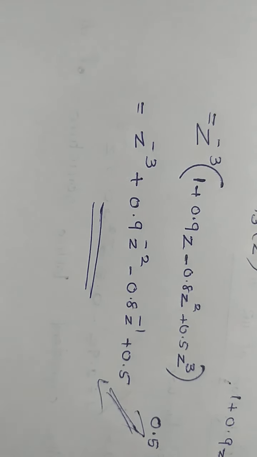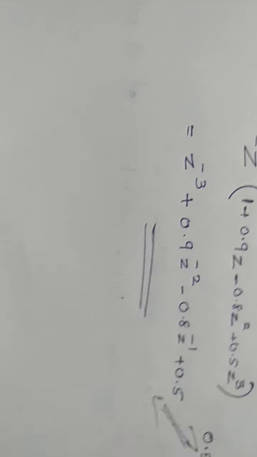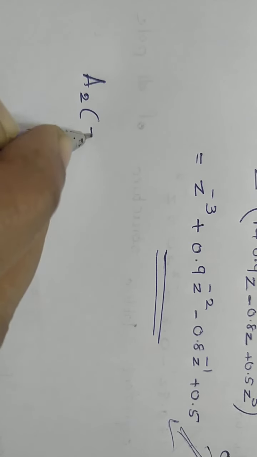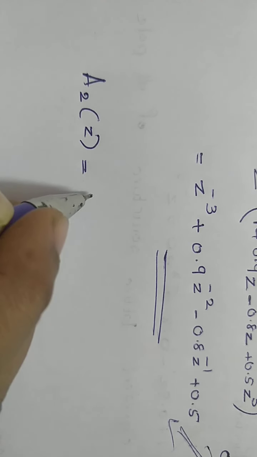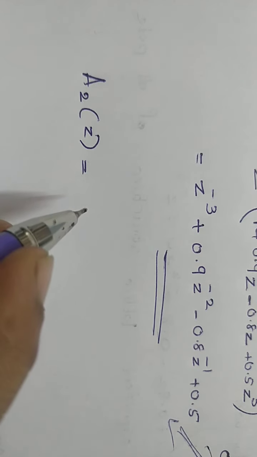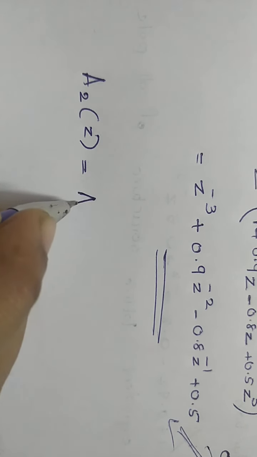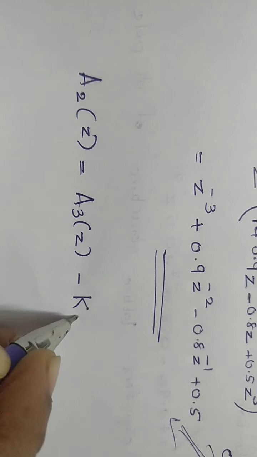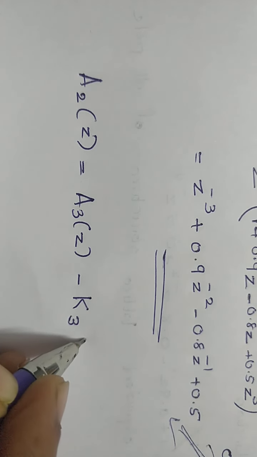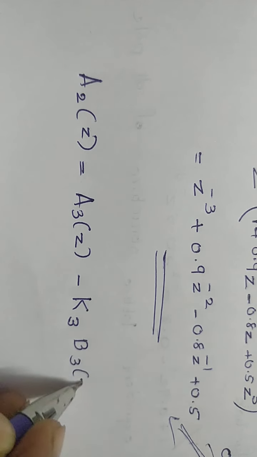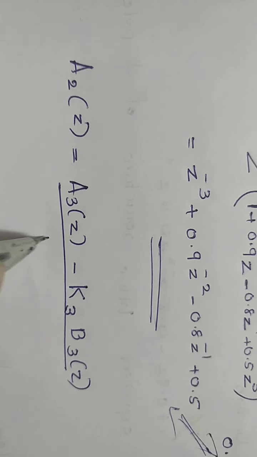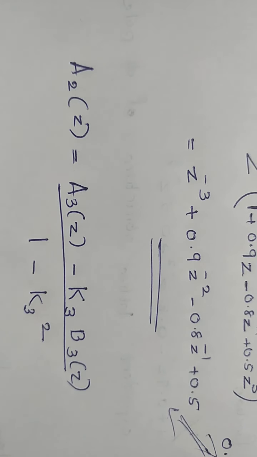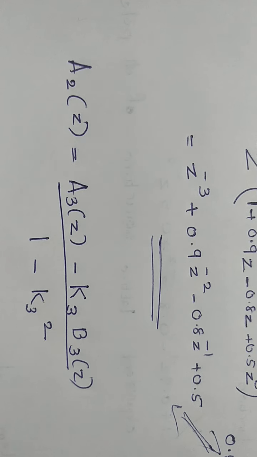Now we can find out the value of a m minus 1, that is a2 of z, which is equal to a m of z, that is a3 of z, minus k m, that is k3, times b m of z, that is b3 of z, divided by 1 minus k m square, that is k3 square. What is the value of a3 of z?